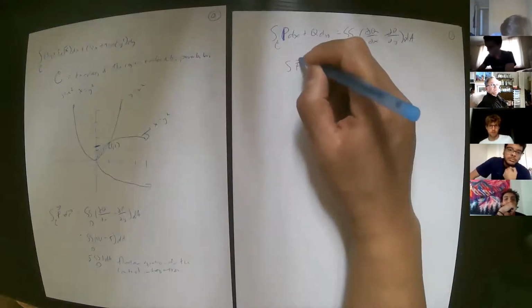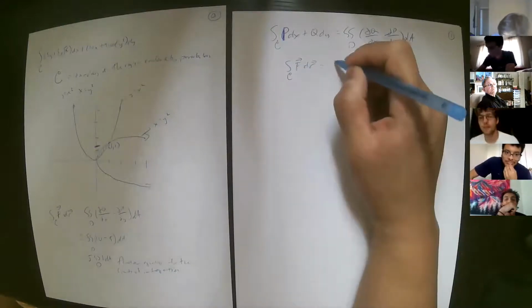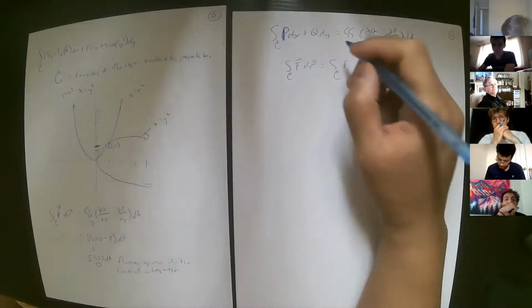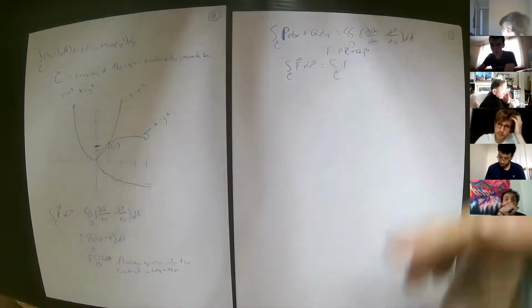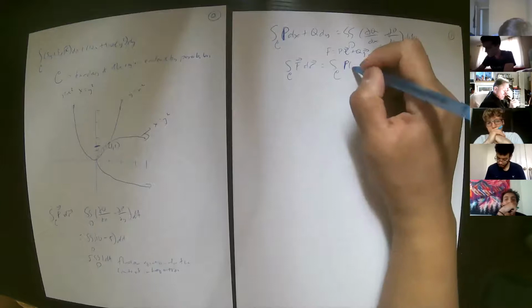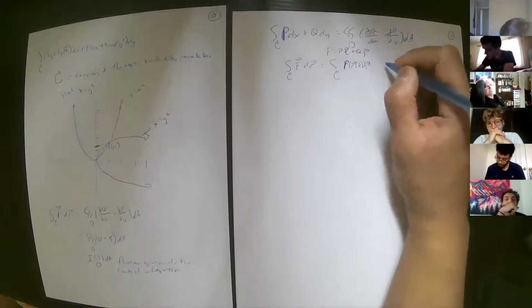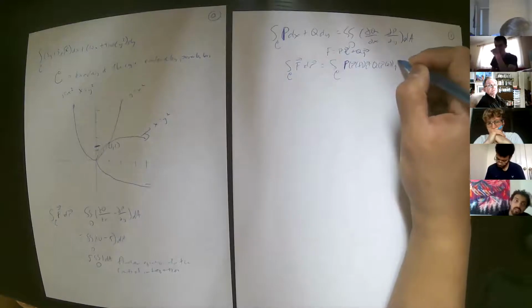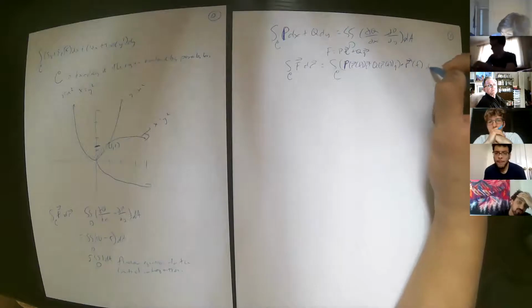If we take this integral over C, let's say F is equal to P i plus Q j. This is P evaluated at r of t i plus Q evaluated at r of t j, dotted with r prime of t dt.